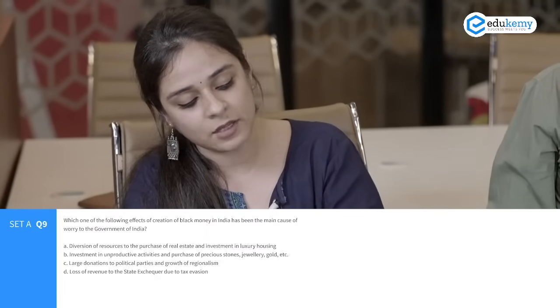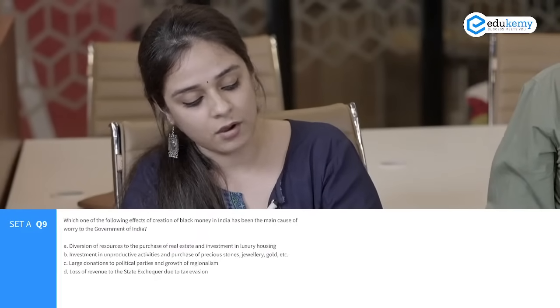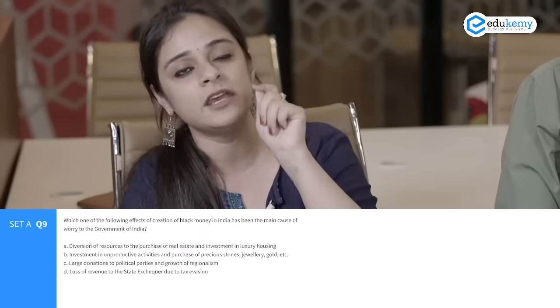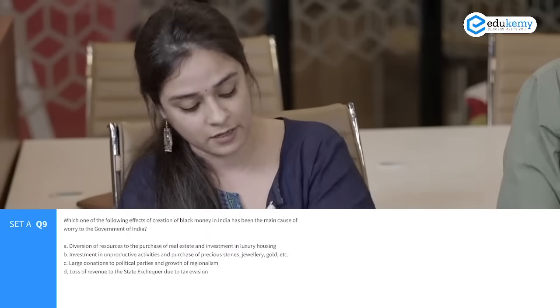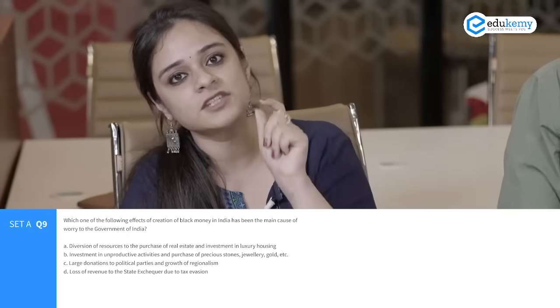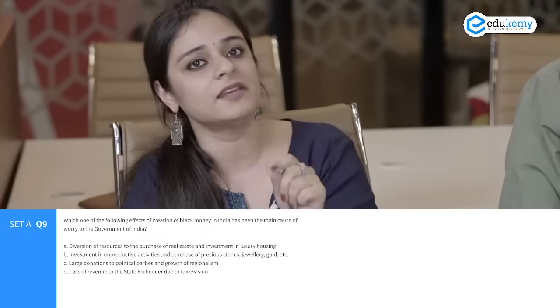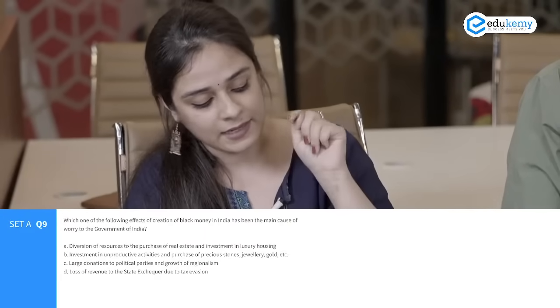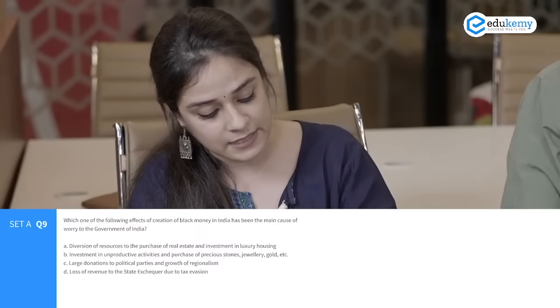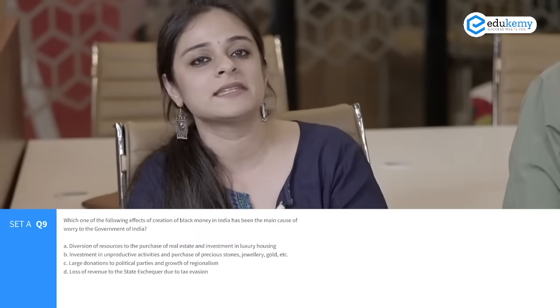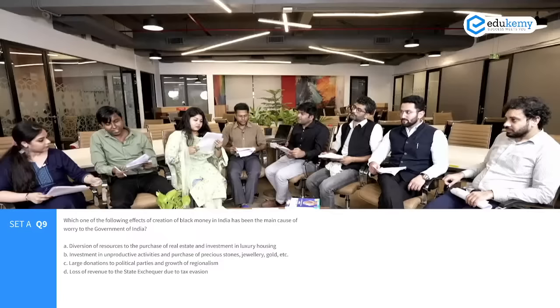Since the question here is asking which option is the most inflationary in its effect, the student should stick to the one which has the most severe effect. And in this case, it is the answer B, where the government is creating new money to finance its deficit.